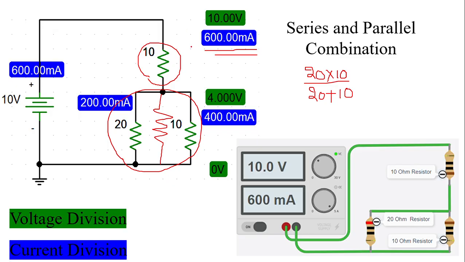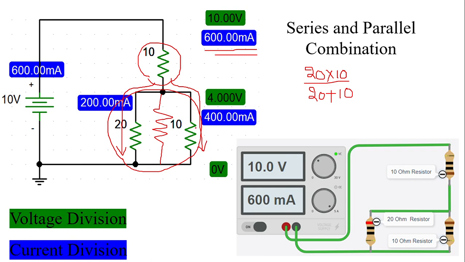Voltage division also will happen, and current division also will happen in this. The 600 milliampere current will flow through this entire thing; part of that will flow through this, and part of that will flow through this.